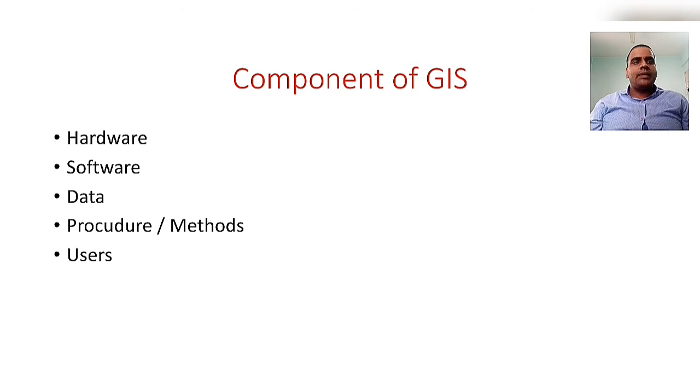You can also try open source software: simply search on Google for open source software, download it from there and try it. So the two important elements we have seen are hardware and software for running the GIS system.